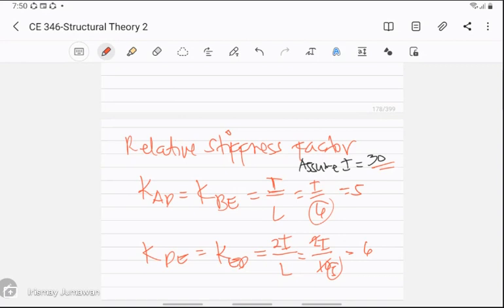Anyway, the purpose of this is to make it easier for you to solve the moment. The rotation will change because of the assumption, but the moment is the same.